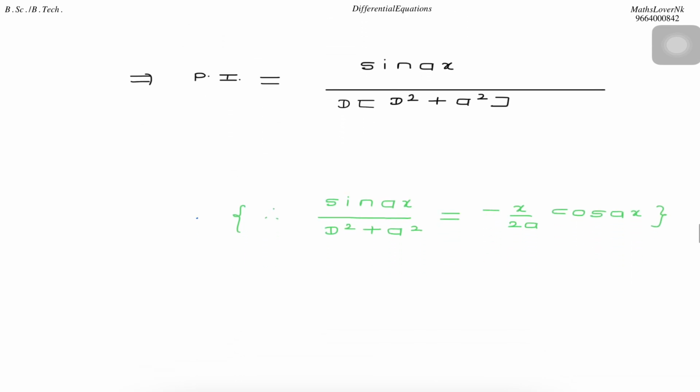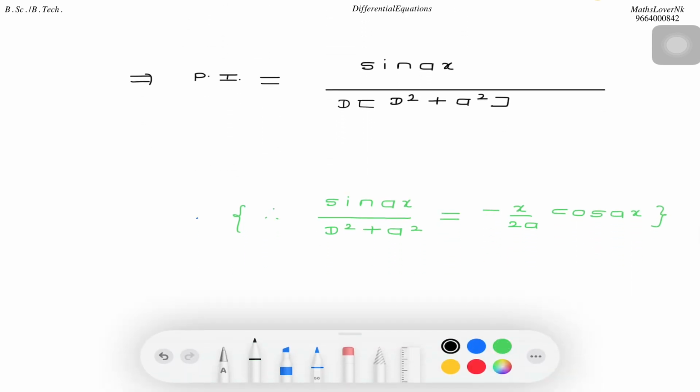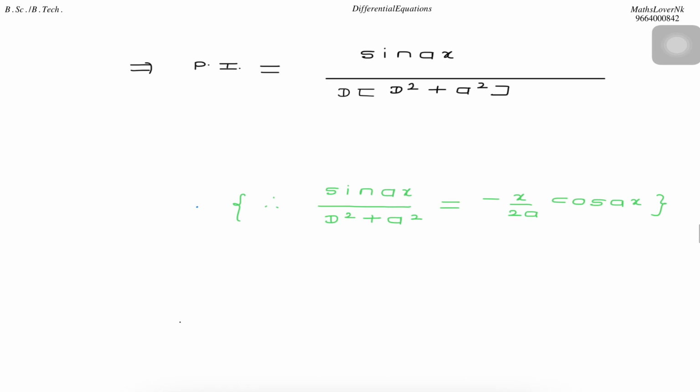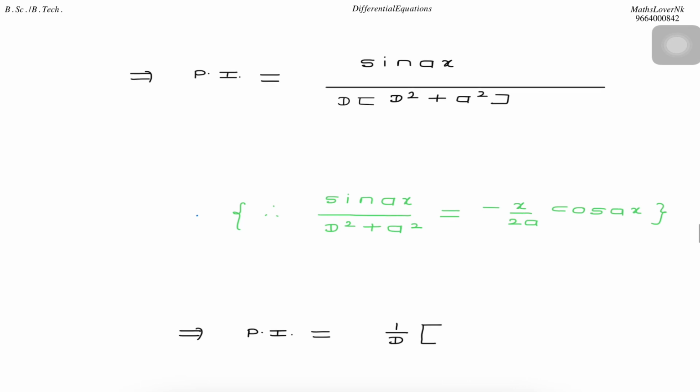Now when we apply it, we get PI = 1 upon D as it is, so 1 upon D as it is, times sin ax upon D² + a², which we can write as minus x upon 2a cos ax. D stands for differentiation of the given function with respect to x.